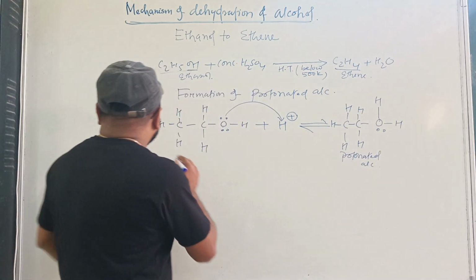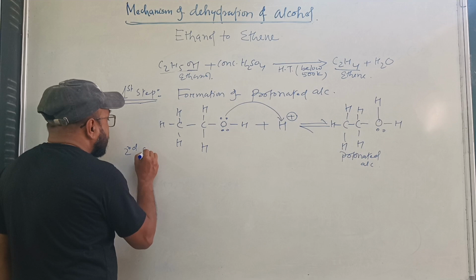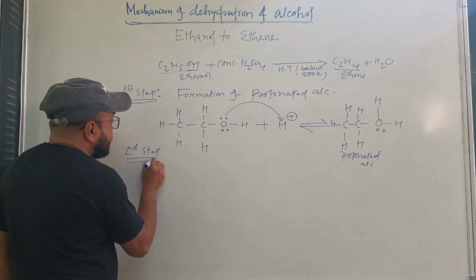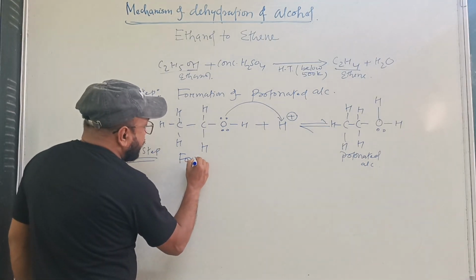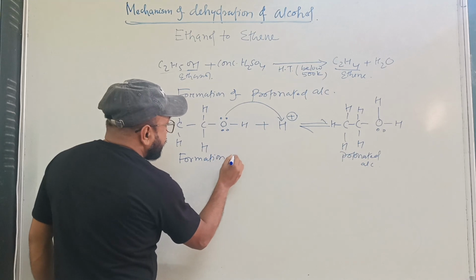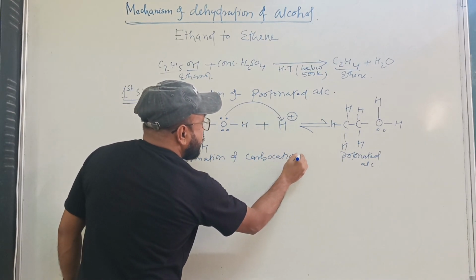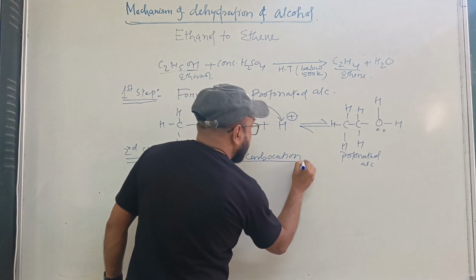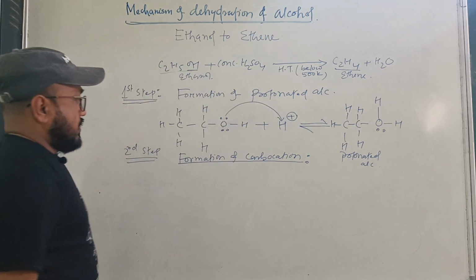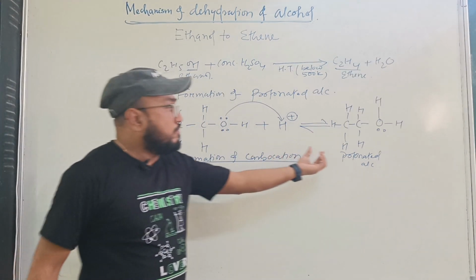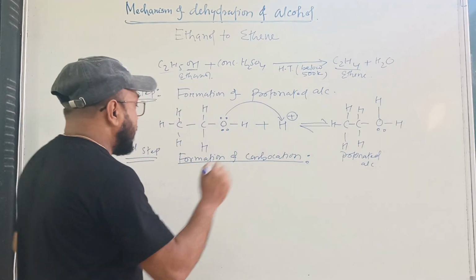In the second step, formation of carbocation. So how is carbocation formed from protonated alcohol? Let's see.